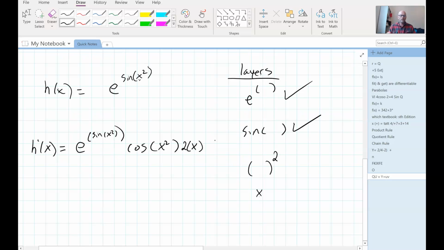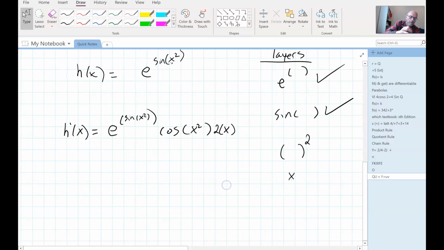So once we get down to finding the derivative of x, which is the innermost layer here, then we know to stop. Then we just go back and try to organize this a little bit, possibly simplify. There's not much to do here. Probably put the 2x out front, e to the sine x squared times cosine x squared.